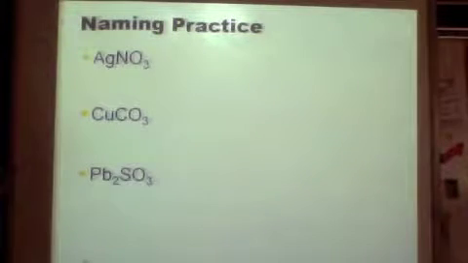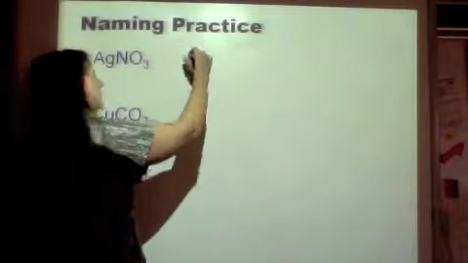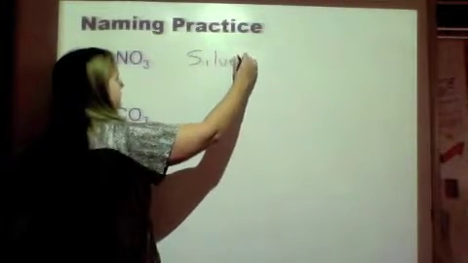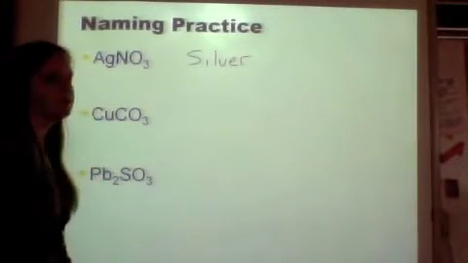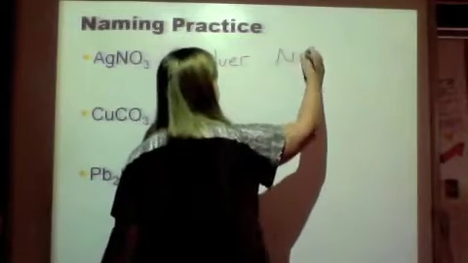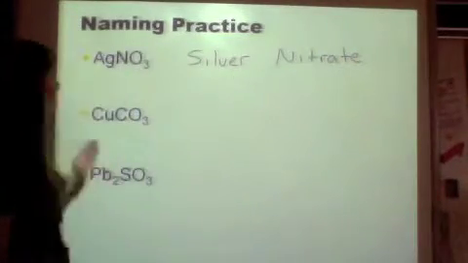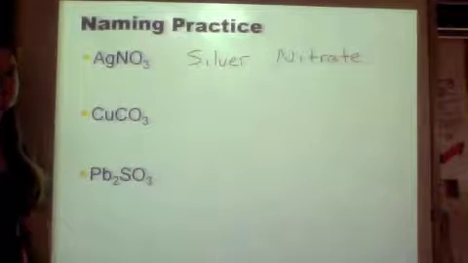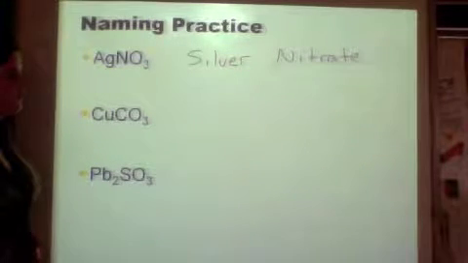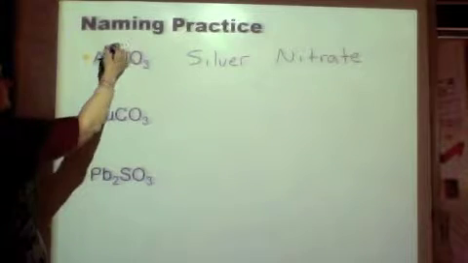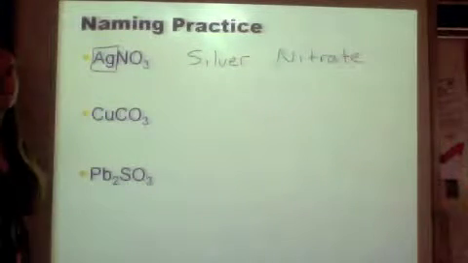Okay, last examples. Silver, or AgNO3. So Ag is silver. NO3 is nitrate. Because we have 3 capital letters, therefore we have a polyatomic. Next step, does silver fall between 3 and the staircase?